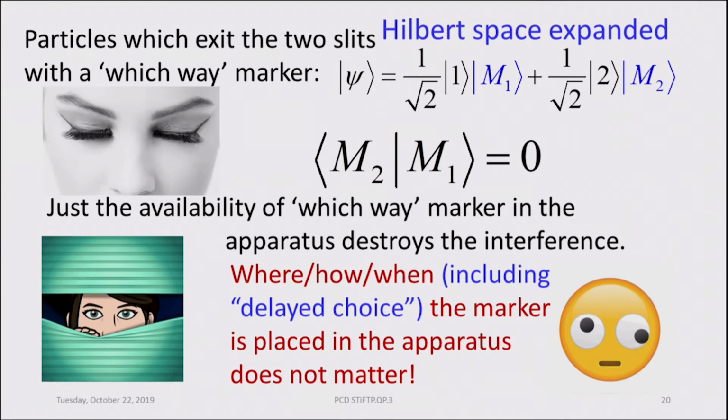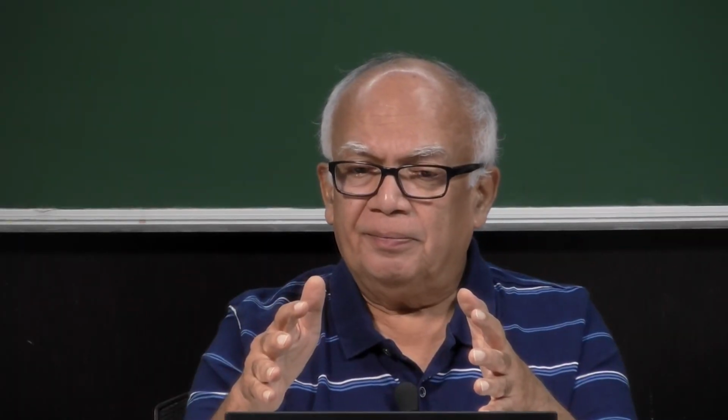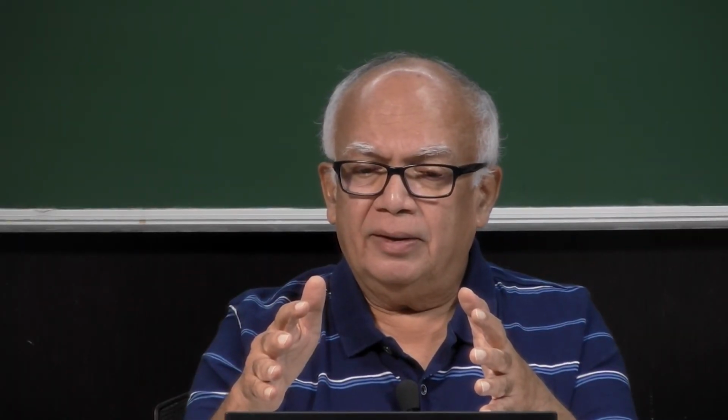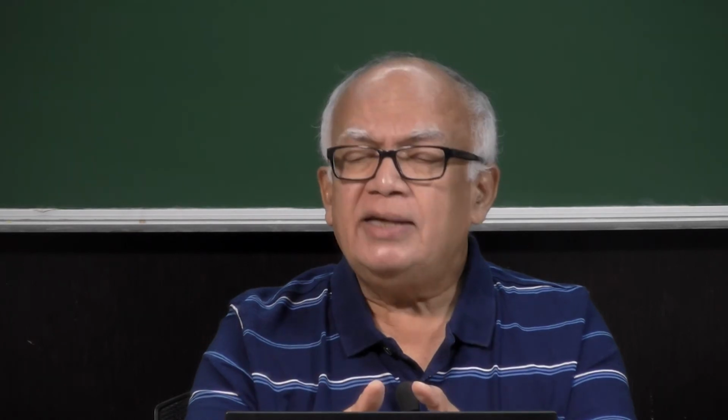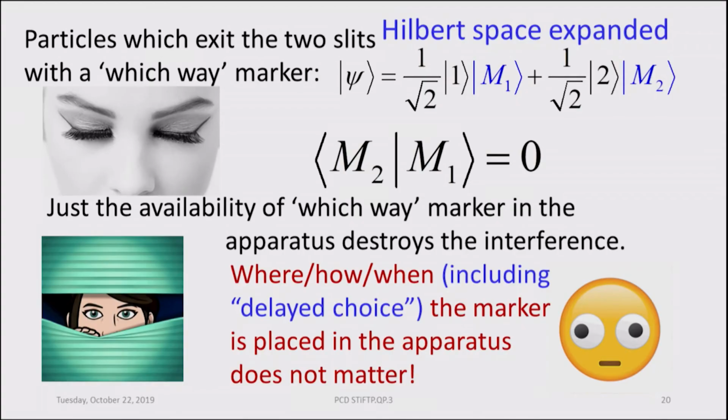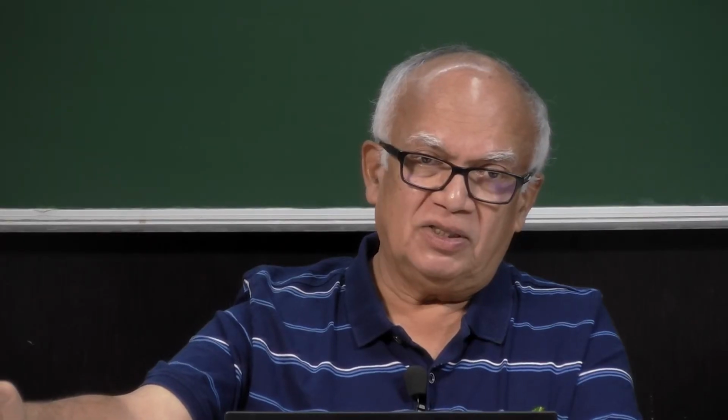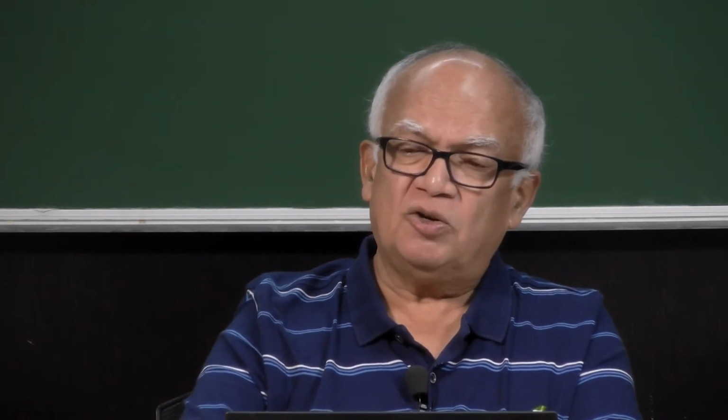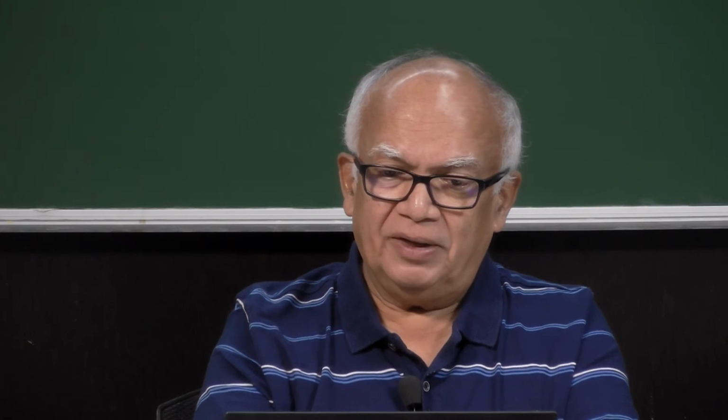Just the presence of this marker, with this orthogonality, is what destroys the interference. It does not matter whether you carry out the delayed choice experiment, because the state vector itself has got the marker states built in.